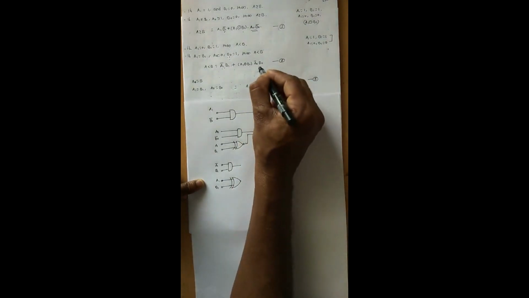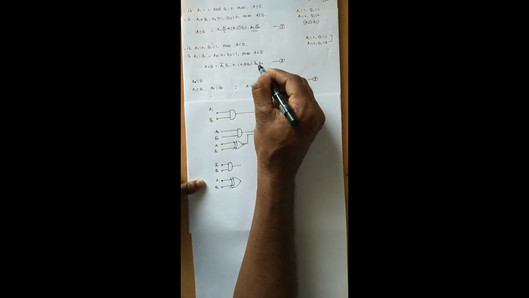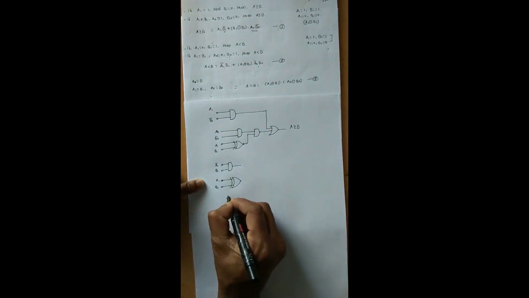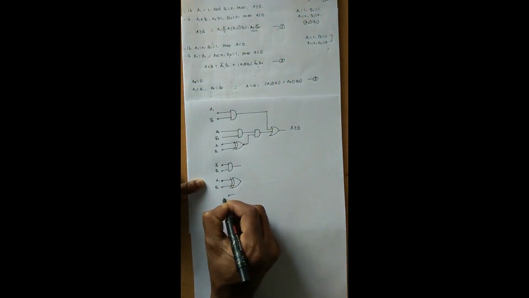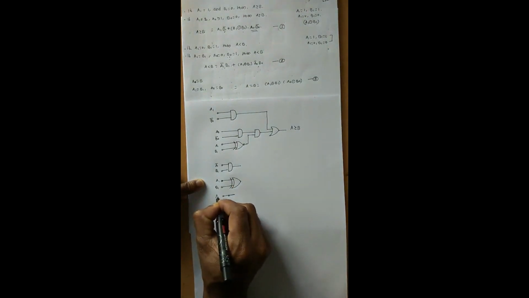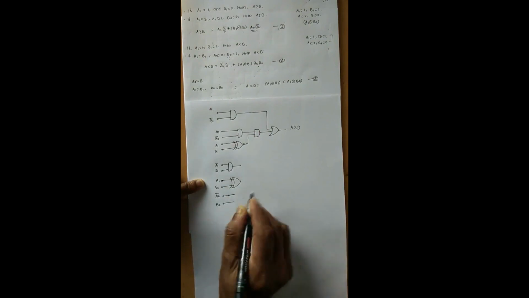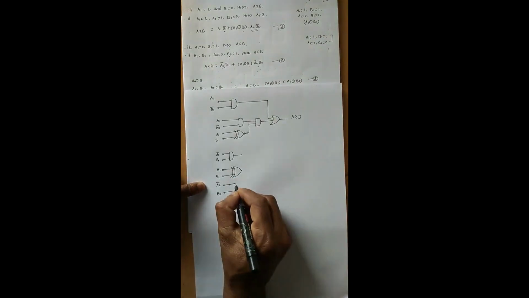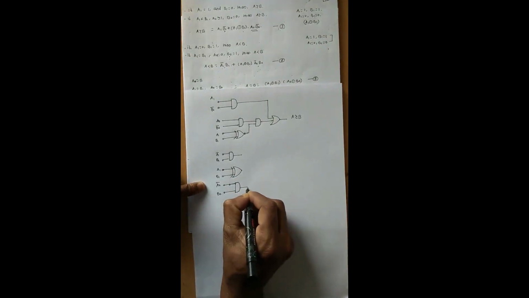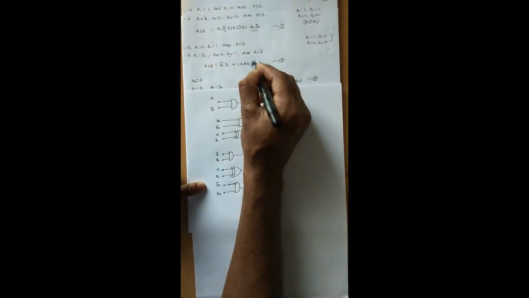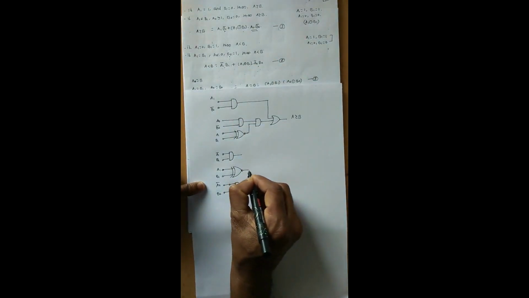Okay, and what is the next term in that? They are A0 complement and B0. Okay, they are ANDing with each other, and this output is again ANDing with the output of exclusive NOR gate.